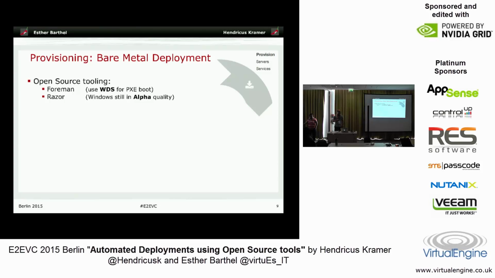Primarily, I focus today on Puppet from Puppet Labs, and Razor Server, also a product started with Puppet Labs, to give you one product which can do the complete automation from bare metal deployments to software deployments and desired state configurations. Does anyone know the products that Hendrikus is talking about?